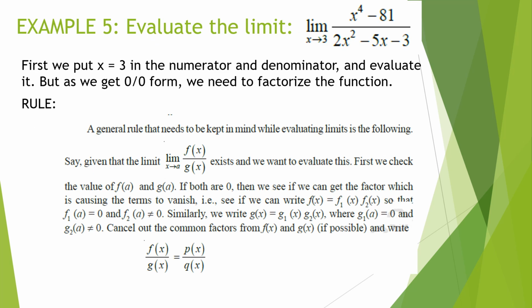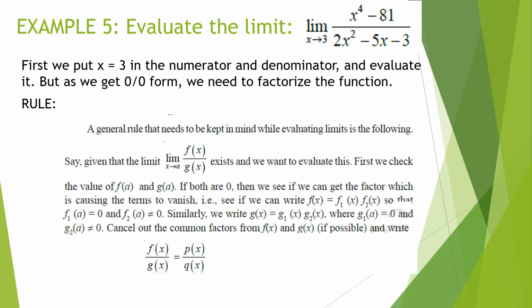Fifth example. Here you have to find the limit for a polynomial function. Find limit x tends to 3, x raised to 4 minus 81 upon 2x square minus 5x minus 3. Now remember this point, there is a general rule. Suppose you need to find limit x tends to a of fx upon gx.